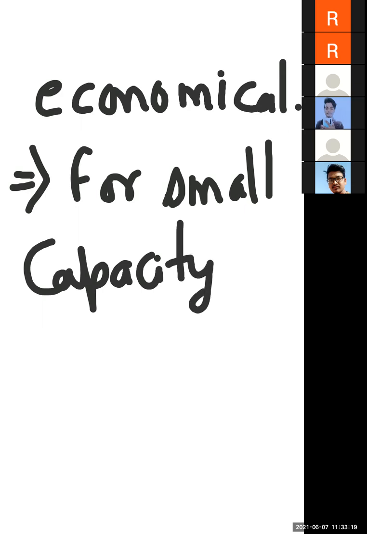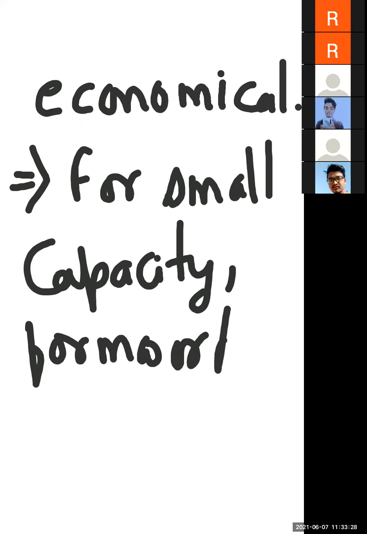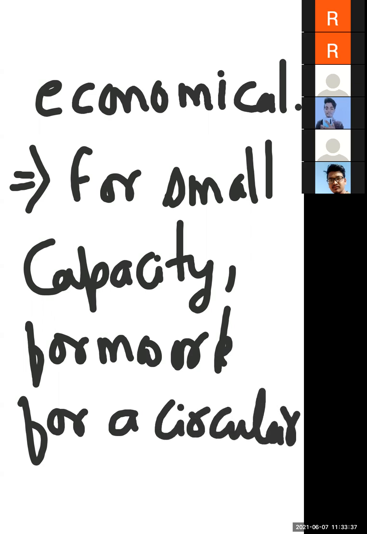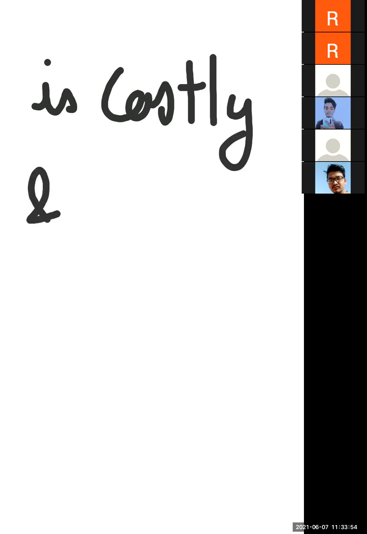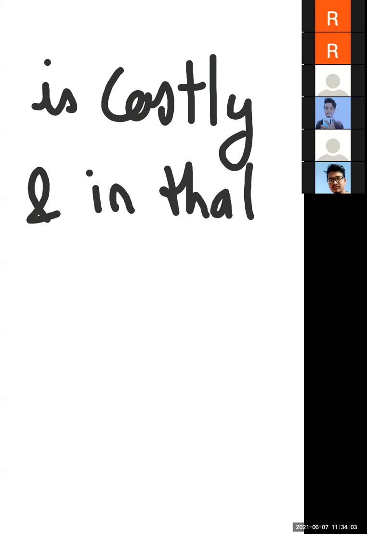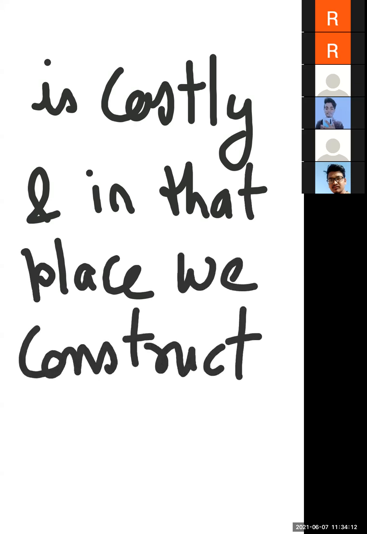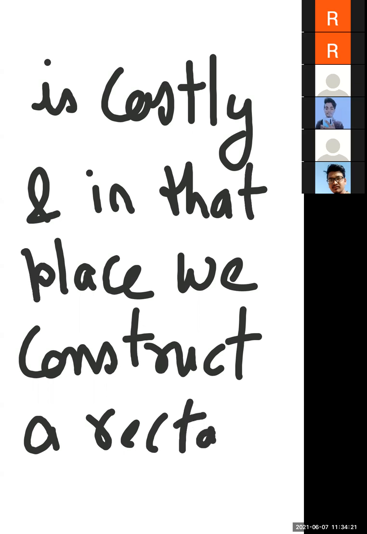For a small capacity, in that place we construct a rectangular water tank, or we prefer a rectangular water tank, right?